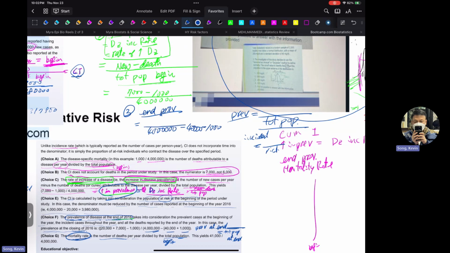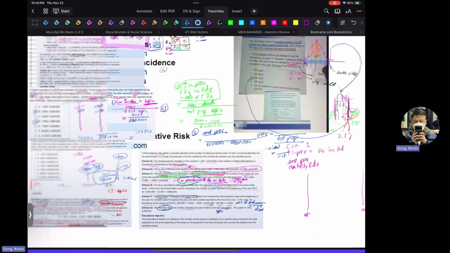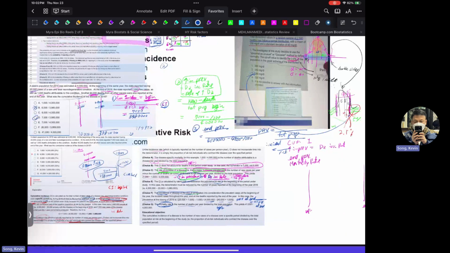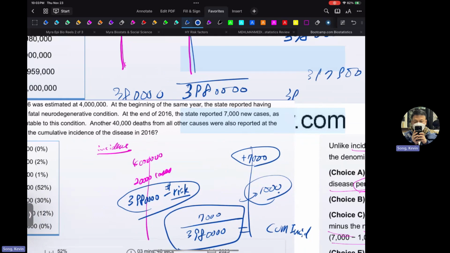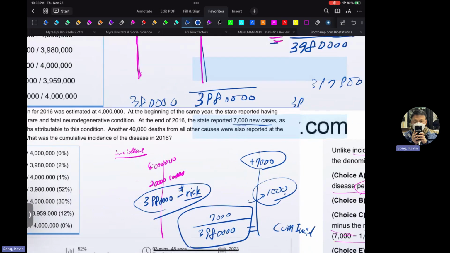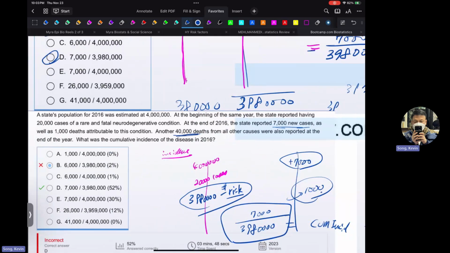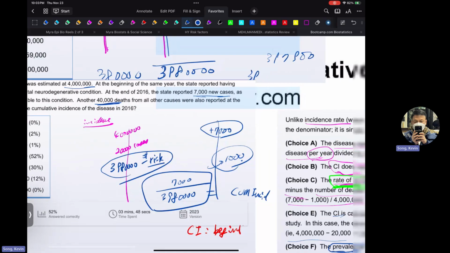That's what the total population is right now at the end of the year. This is what the question was saying. We start with 4 million people, so this is the picture.